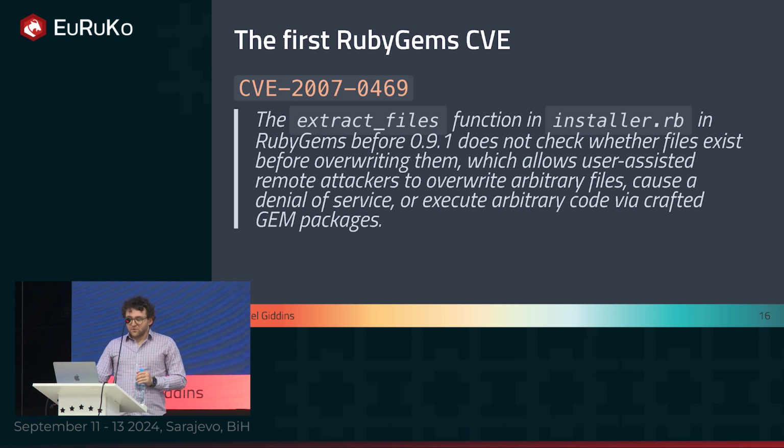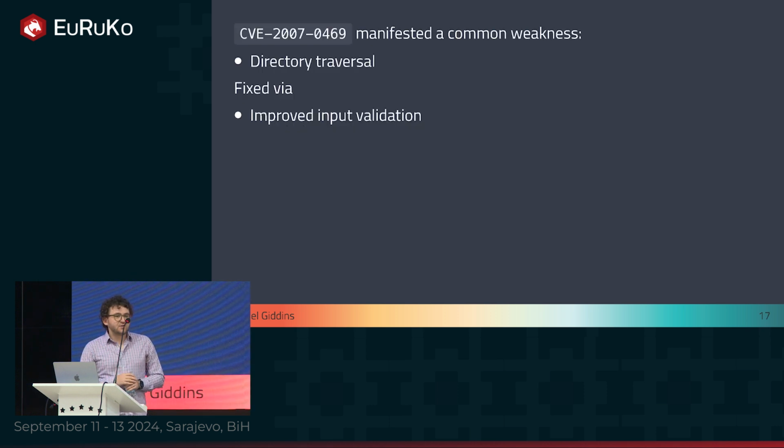So this vulnerability was published in January of 2007, 17 and a half years ago. And it turns out that it manifested a pretty common weakness, a vulnerability of directory traversal that was fixed via improved input validation.